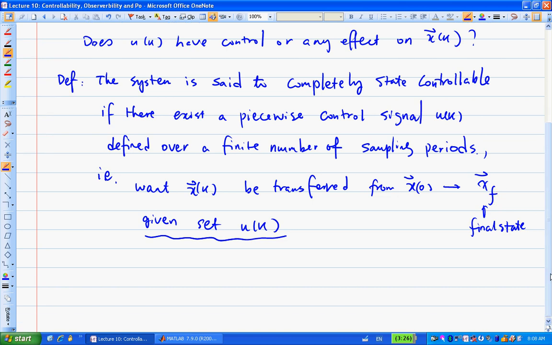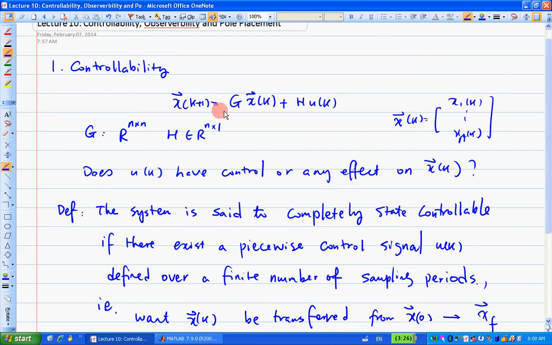All right, so let me write this in a more mathematical way and look at the definition with a more mathematical approach. In the previous lecture, if you remember, we derived the so-called solution of this discrete system. What's a solution? Here is a difference equation, and I'm looking for a general solution, x of k in terms of x of 0.